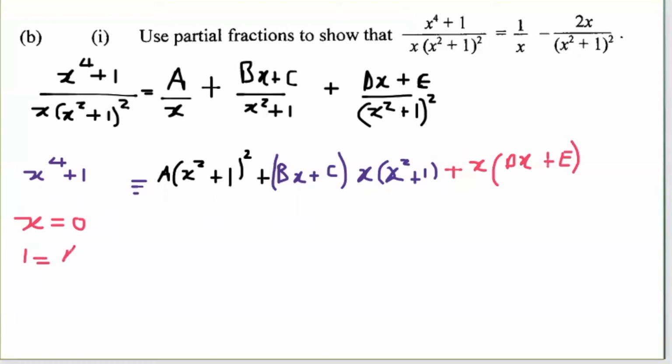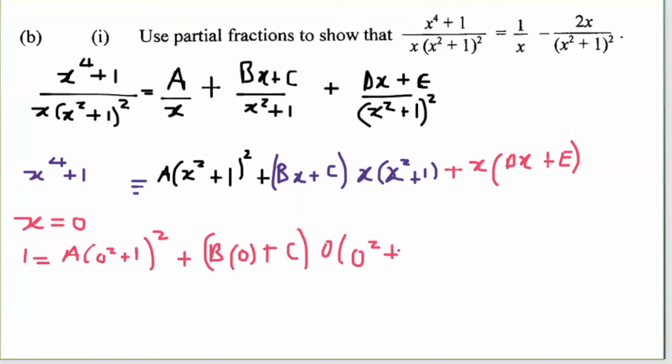Replace here to be 0, so I'll have a times (0 squared plus 1) all squared, plus replacing the next part to be 0, I'll have b times 0, plus c times 0 times (0 squared plus 1), plus d times 0, plus e.